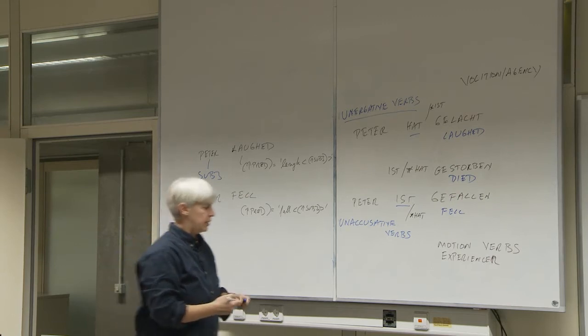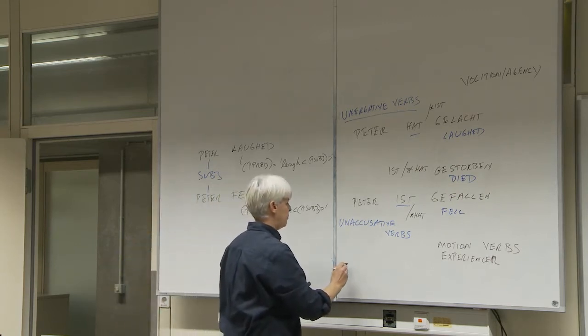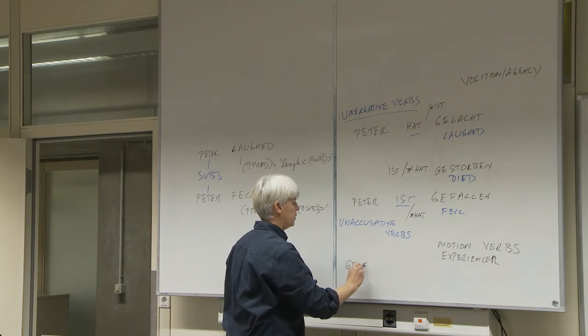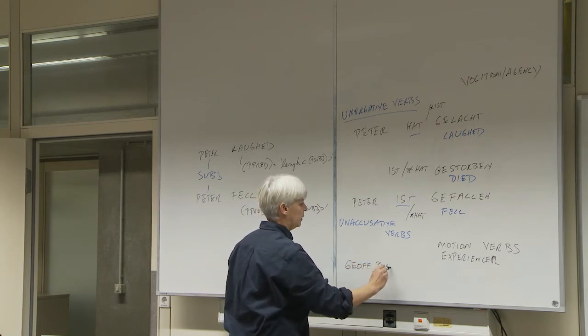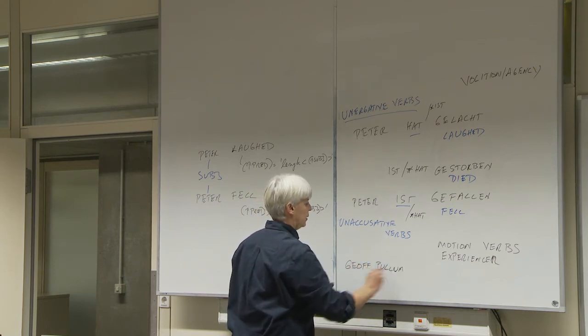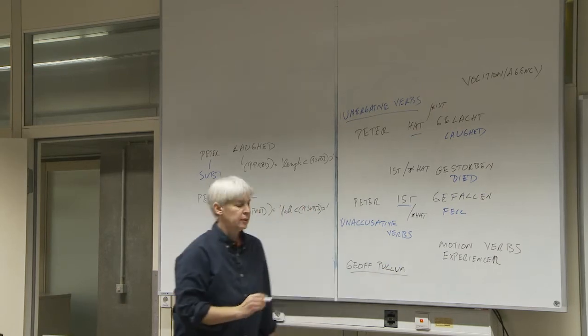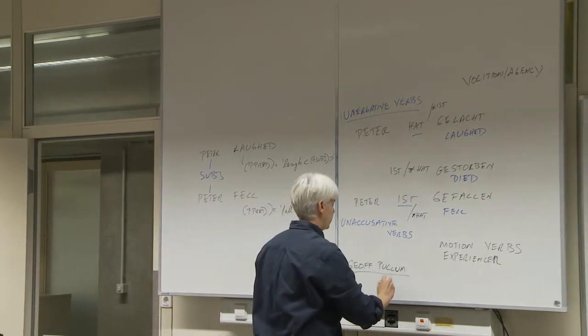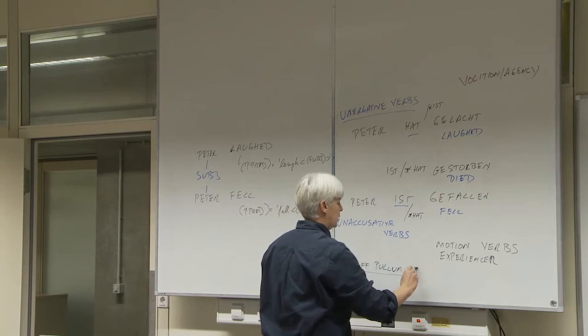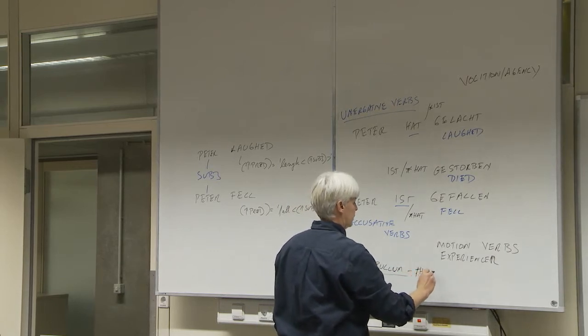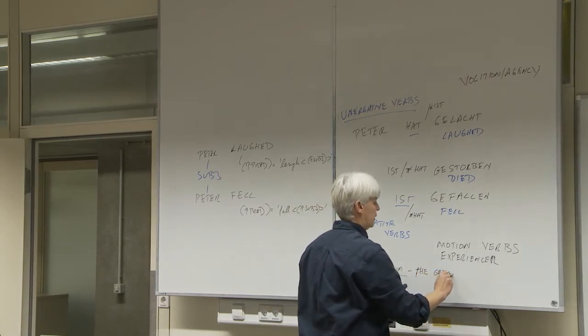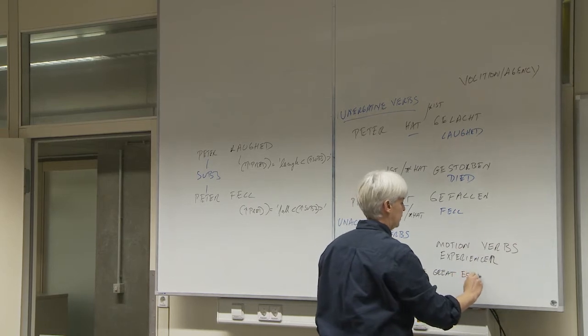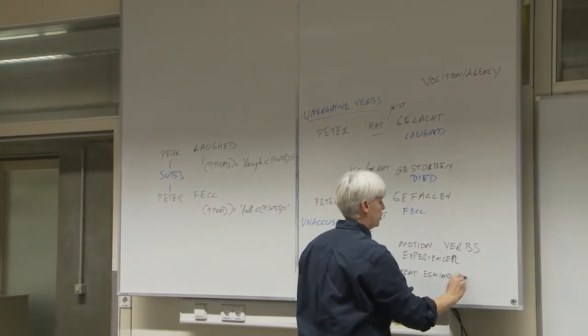There's a very nice article on this by Geoff Pullum. He writes really, really well. If you haven't seen his book, it's a very great book if you like linguistics: The Great Eskimo Vocabulary Hoax.